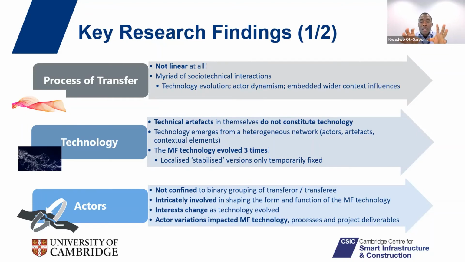And so all the components of the monolithic formwork technology that were brought to Ghana for the stairs were completely taken out because the local actors were not at the point where they could utilize them effectively. And another interesting point is that the foreign contractor themselves could not teach them how to utilize these components, and so they had to take them out.